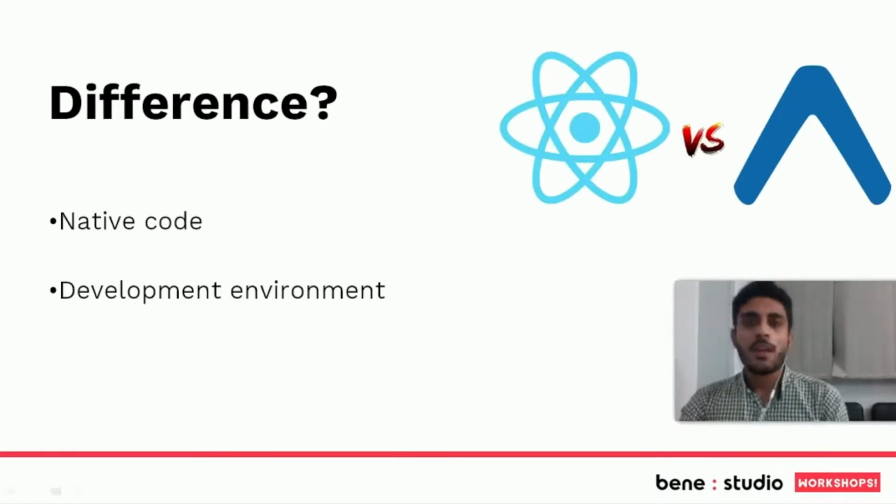So, what is the difference between developing an application using React Native and developing the application using Expo? As I have explained earlier, React Native lets you build a real native application. So, from time to time, you will have to use native libraries for some features.